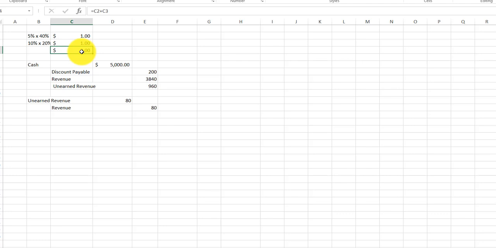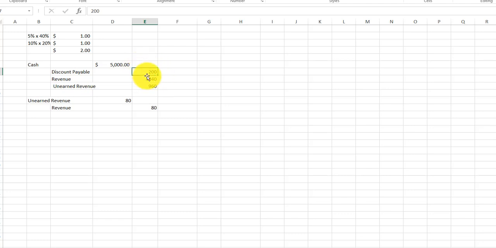Now we're ready to allocate the purchase price to the performance obligations, step 4. We record the cash of $5,000. The discount for 100 of them at $2 is a discount liability that we're going to provide back to them when the discount is earned. And then the revenue is broken down.